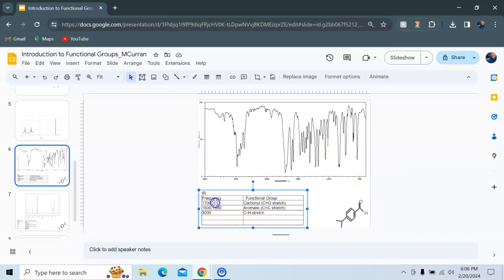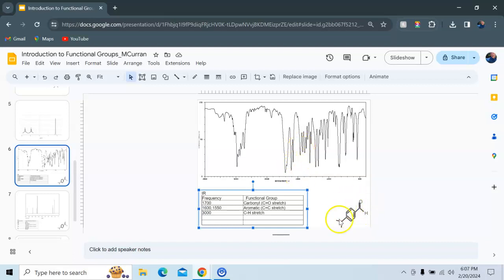So here, the important ones that I've identified are this strong peak at about 1700, which signifies the C double bond O stretch of a carbonyl group. These two here at 1600 and 1550 represent the C double bond C stretch of an aromatic.